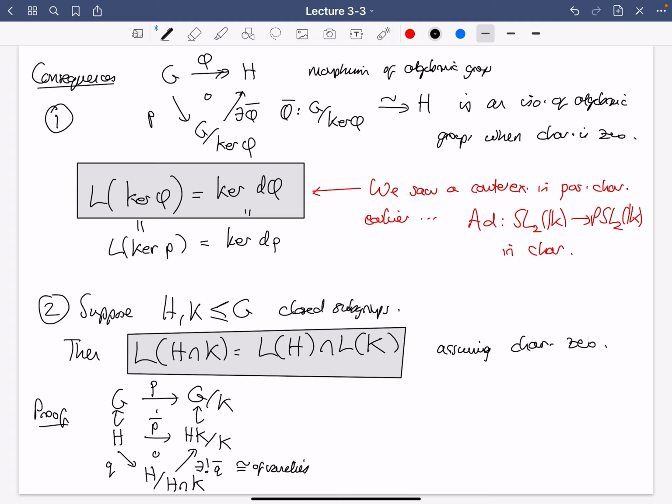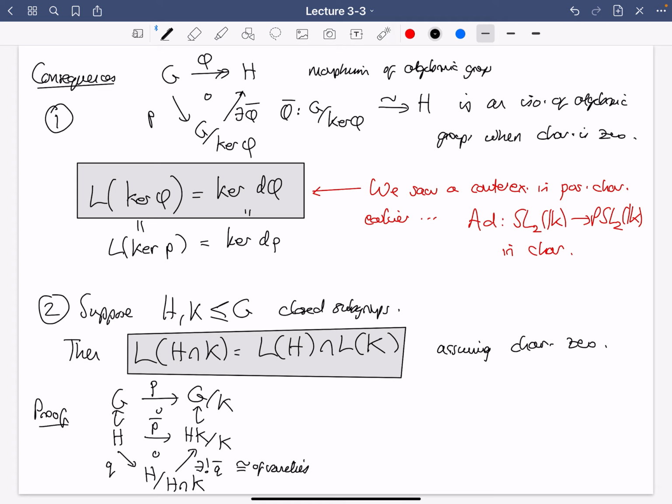So all this diagram commutes. So I've just proved the second isomorphism theorem, right? Except that the second isomorphism here is between these coset spaces with this given variety structure.